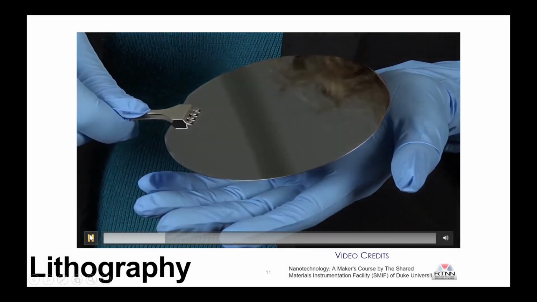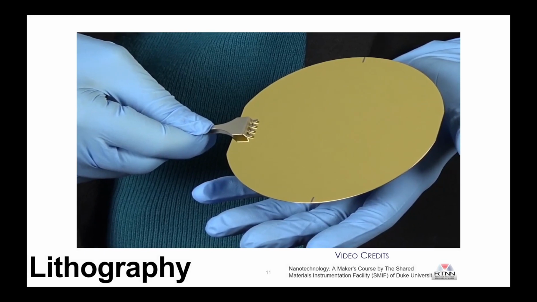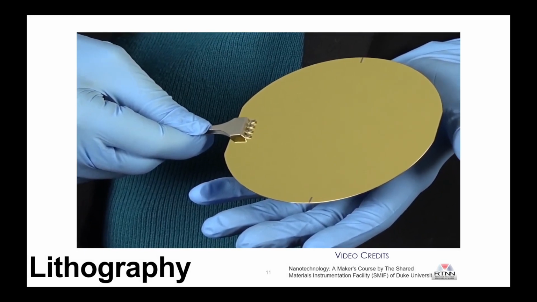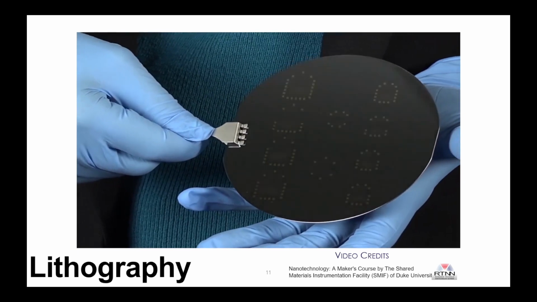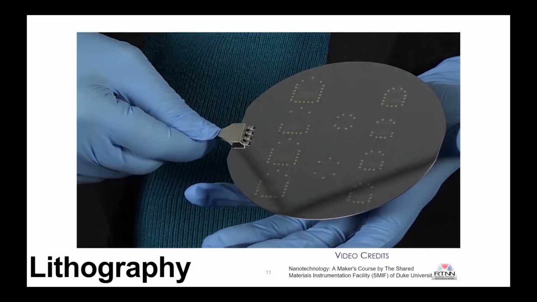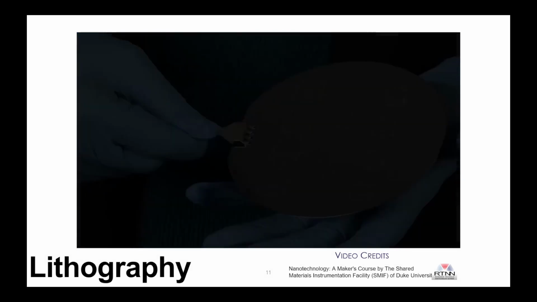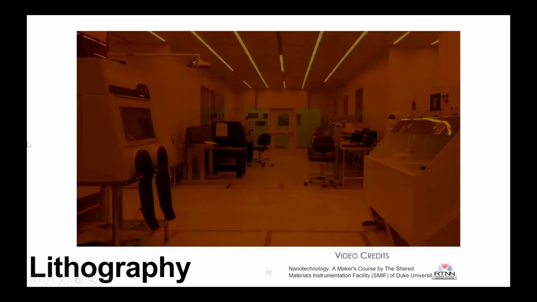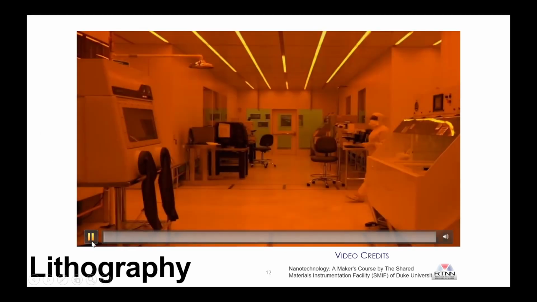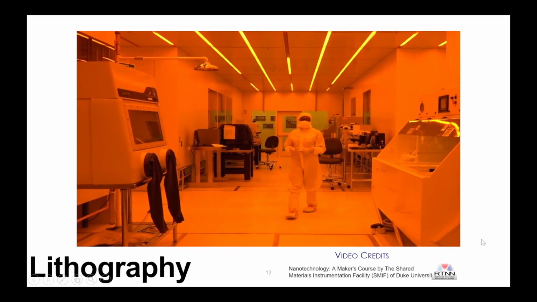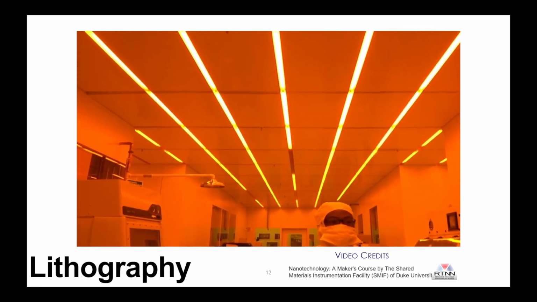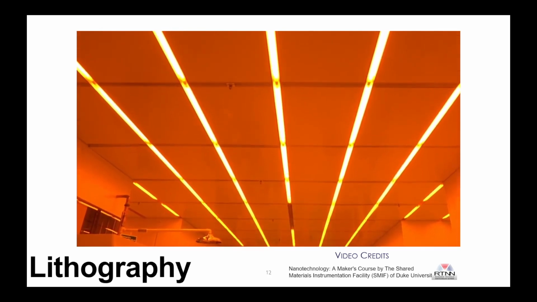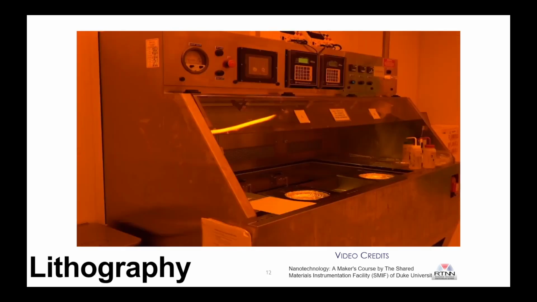Here, while holding the silicon wafer, you have to wear gloves and everything, so that impurities will not get onto the silicon wafers. This is clean room technology. You can see the equipment uses yellow light in the lithography area.